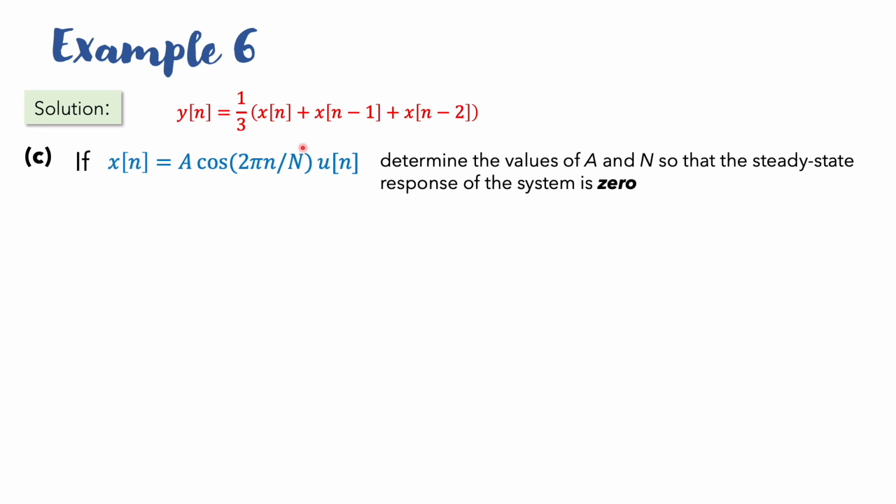Therefore, we consider that n is equal to 3, so that when we take the average of 3 values in cosine, it gives us 0, because the average of one cycle of cos is 0. This should be equal to one cycle if we want its answer to be 0. Okay, so we let n equal 3 and a can acquire any value because amplitude does not matter.